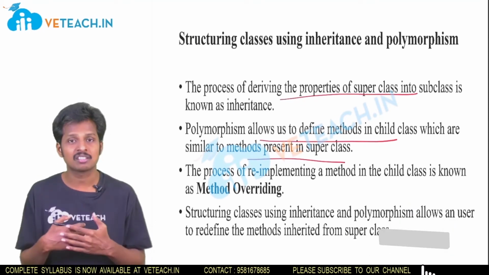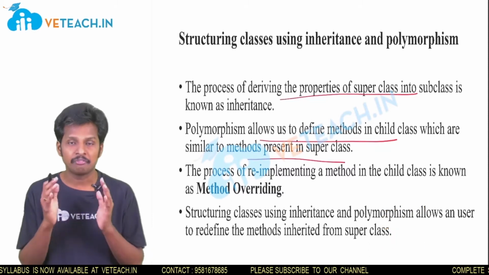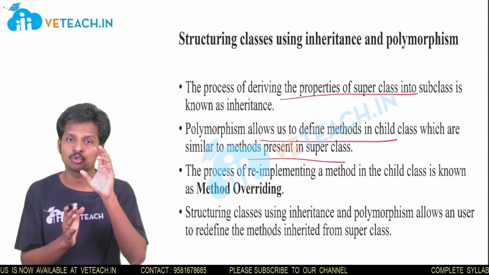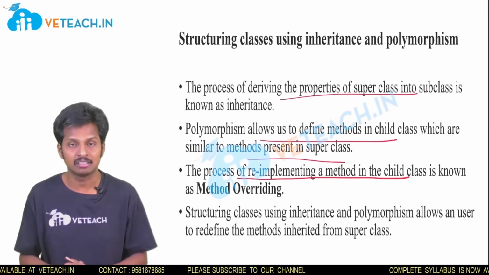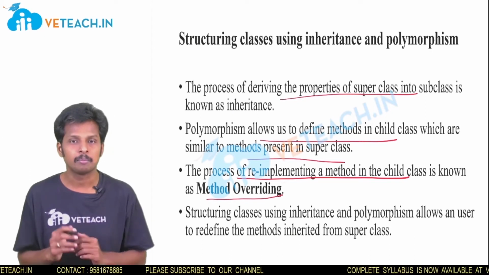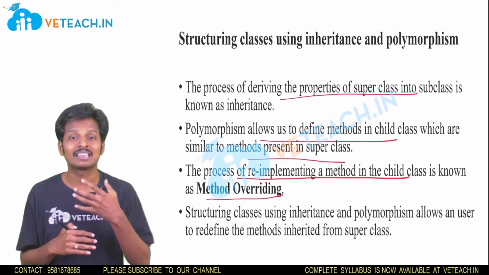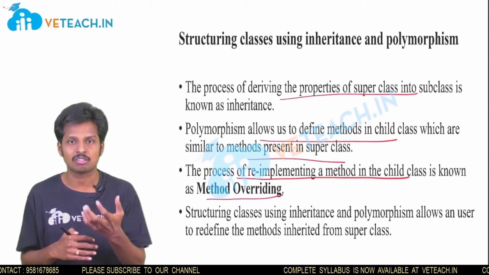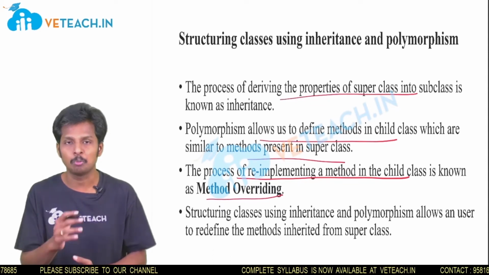What might change is the number of parameters passed to the method, or the definition of the method might change from superclass to subclass. The process of re-implementing a method in the child class is known as method overriding. It means superclass and subclass will have the same method name with a different method definition. We call that process method overriding, which is an example of polymorphism.